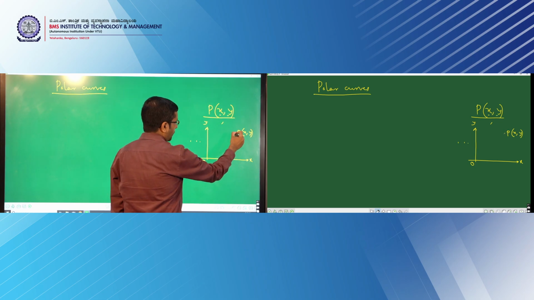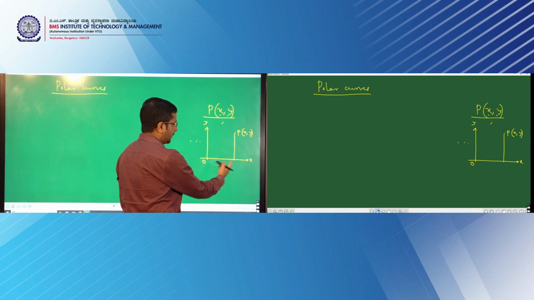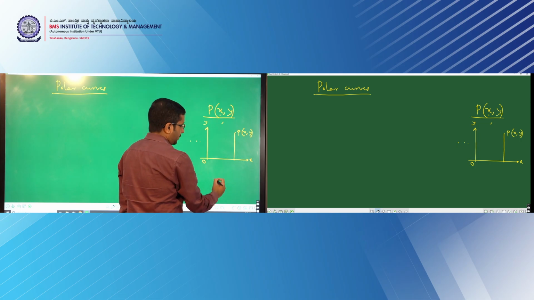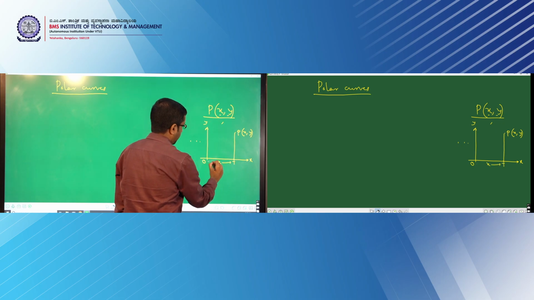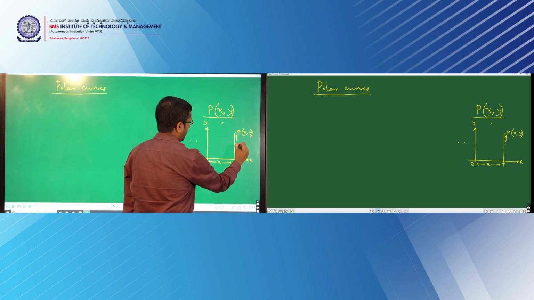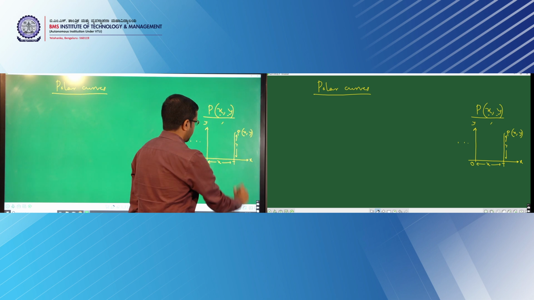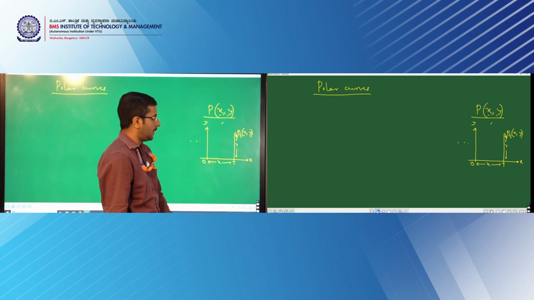If I draw a perpendicular from the point P on this x axis, and suppose this point is T, then the distance OT will have a length of x and this PT distance will have a length of y. All of you know these things. This represents the point P in this system as x comma y.